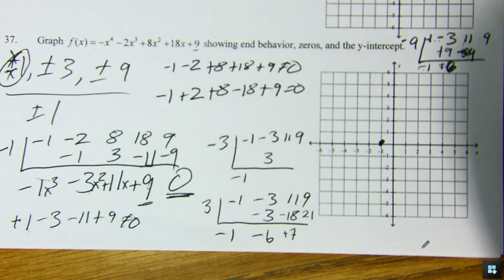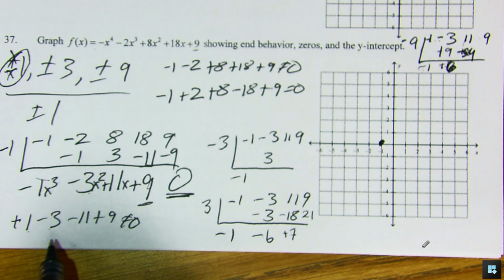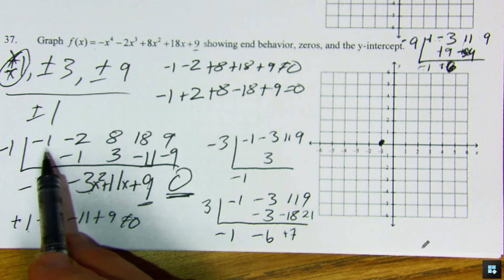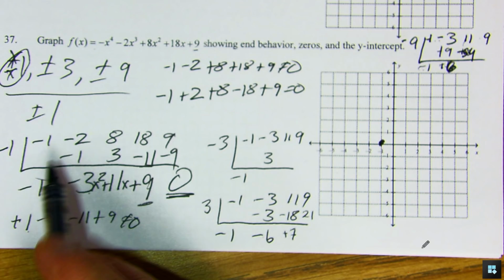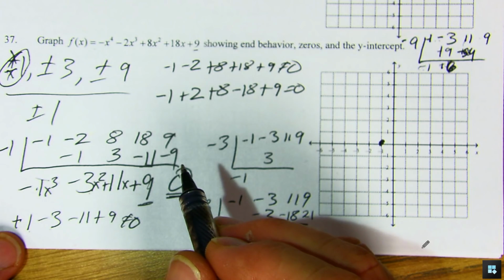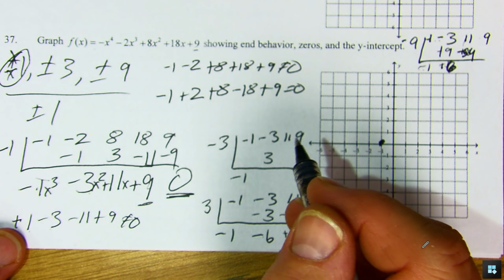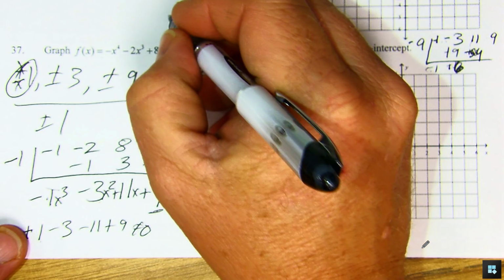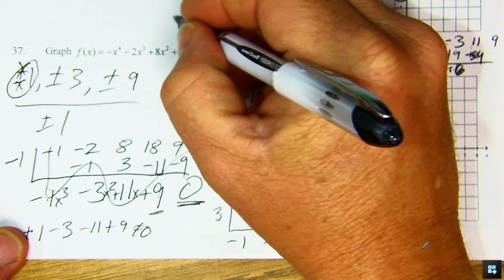What the hey? Did I do my synthetic division wrong here? Hello. I did. You silly punks. How'd you let me do the synthetic division wrong? Got to get this problem done.